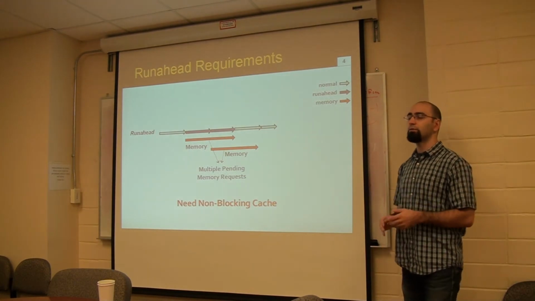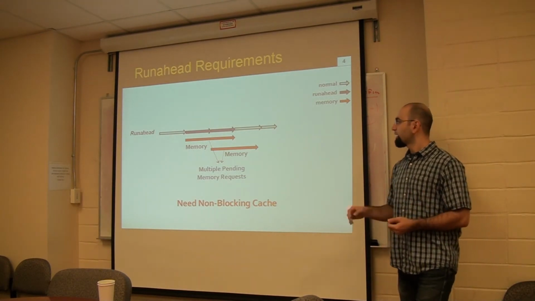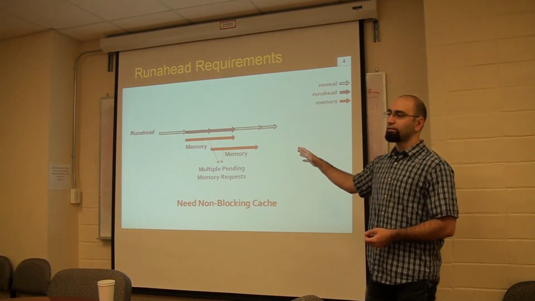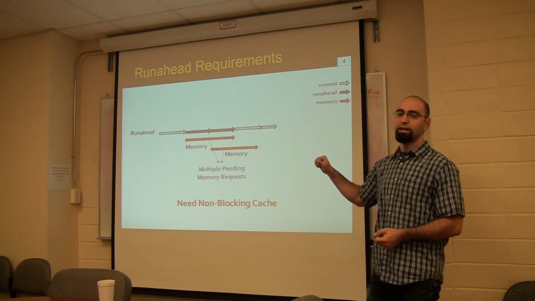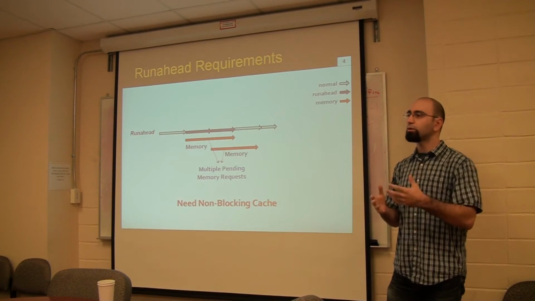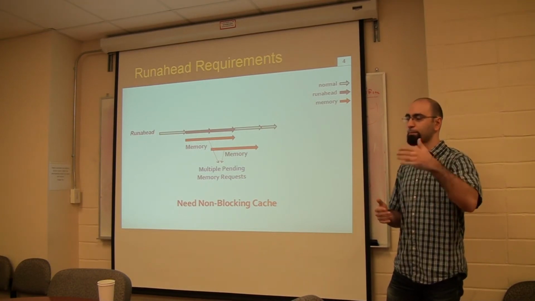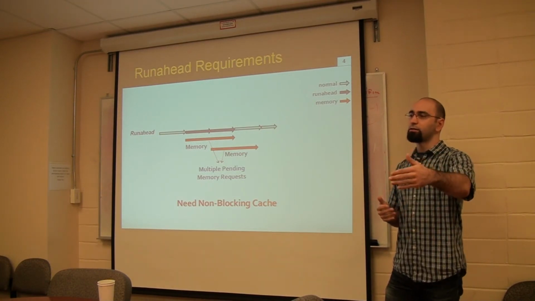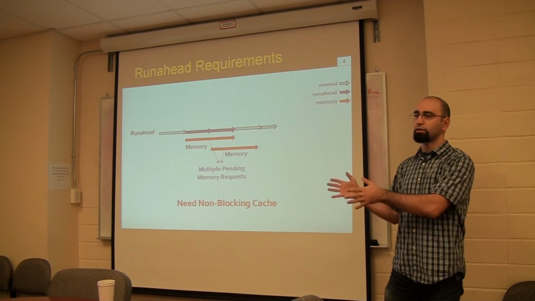We actually need a non-blocking cache for another reason too. Just sending out a memory request is not the only reason. The goal is to find subsequent misses, and in order to get there, we need access to the memory hierarchy.